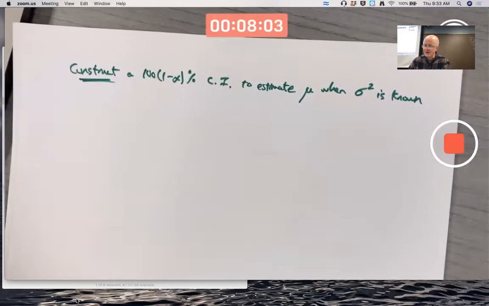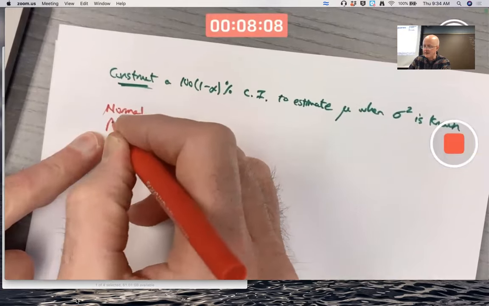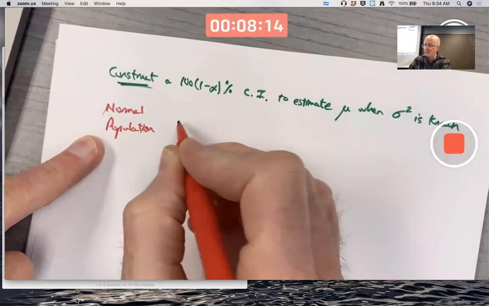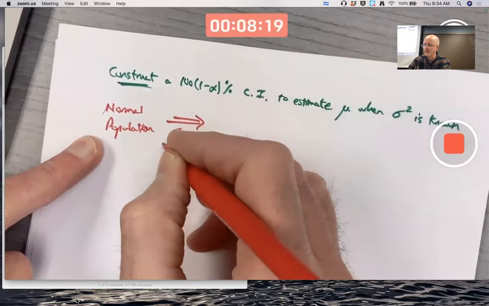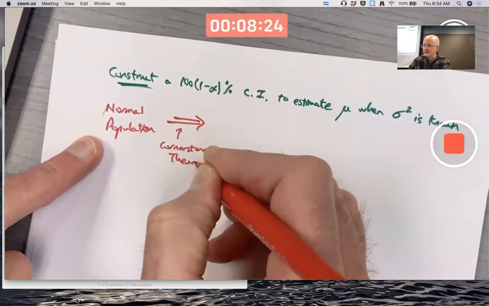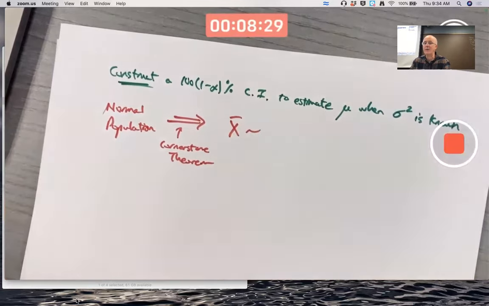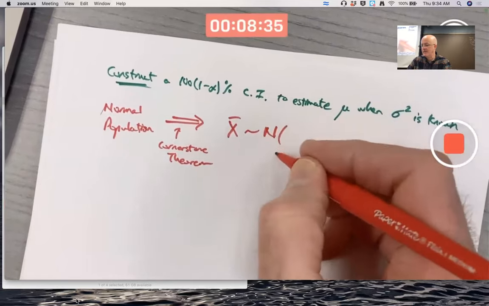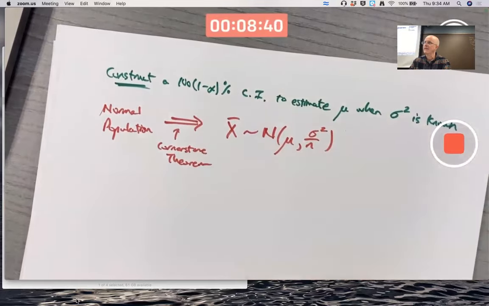If it's a normal population that I'm sampling from, I know by that cornerstone theorem, what we've called the cornerstone theorem, that X bar, the sample mean, is in fact, if it's a normal population, normally distributed with a mean of mu and a variance of sigma squared over n.